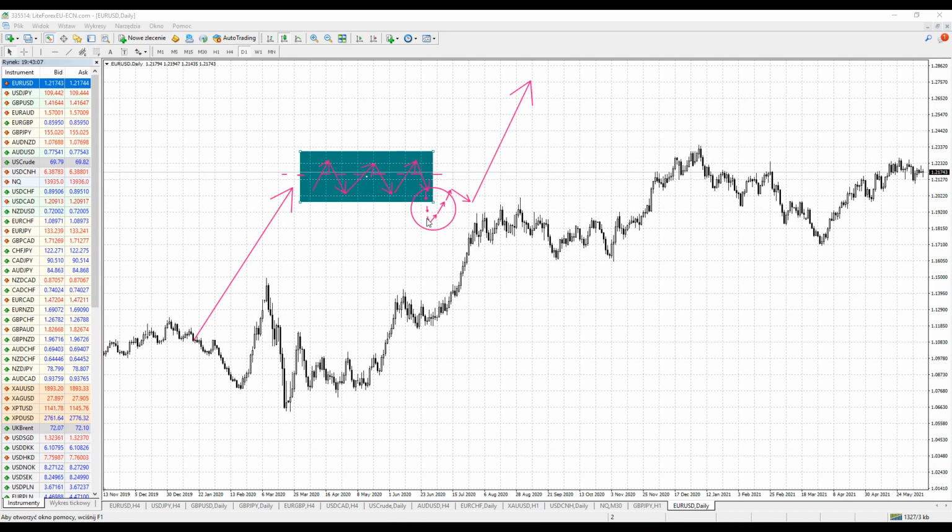So if you are more conservative, then you may want to wait for this breakout to occur, right? But then you are taking 50% of that consolidation as your buying zone. So in that case, you are more conservative, but you are again trying to trade with the trend from the higher time frame.